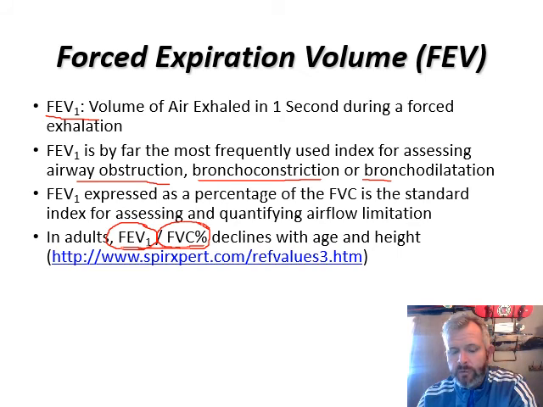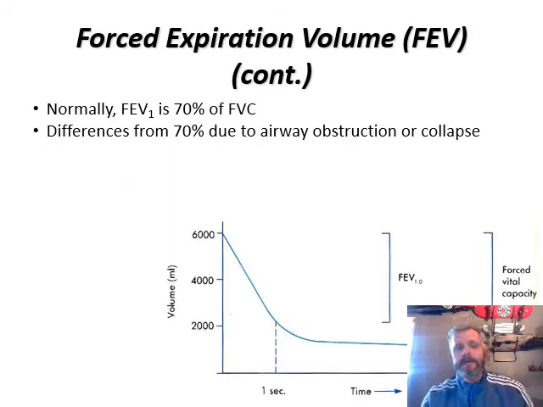And on the numerator, I'd have how much of that I actually did in just 1 second time. And you can see normal values are 70 to 80%. Should be 70 to 80% of the forced vital capacity I should be able to blow out in 1 second.